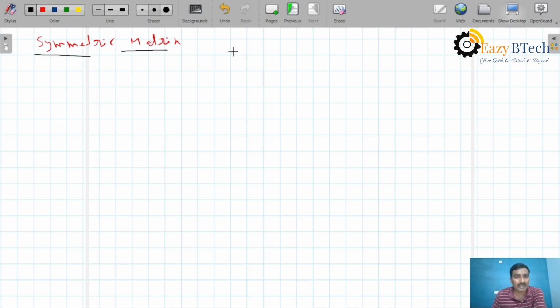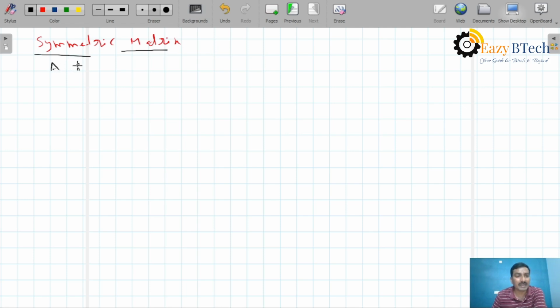In this process, if the matrix remains unchanged, then the matrix is said to be a symmetric matrix.